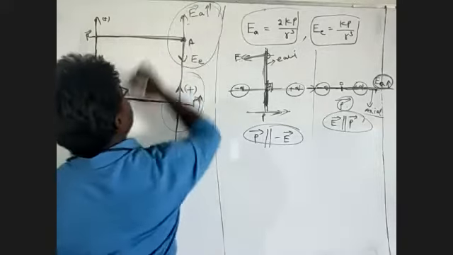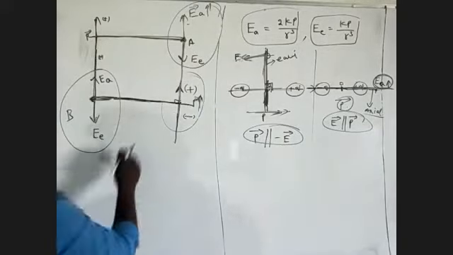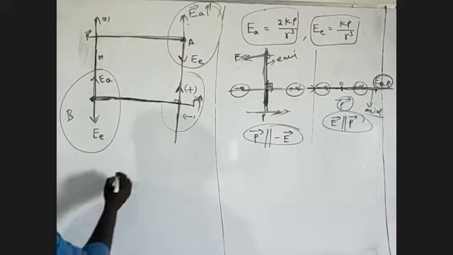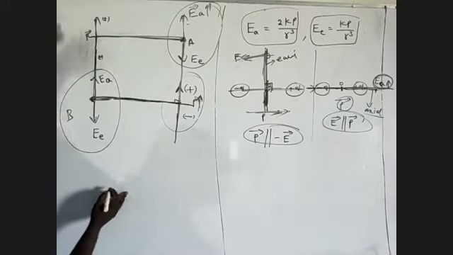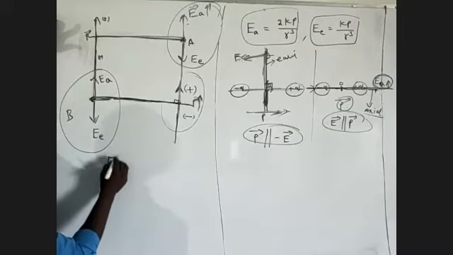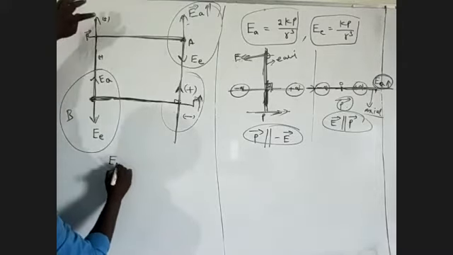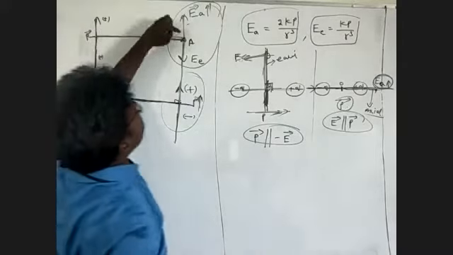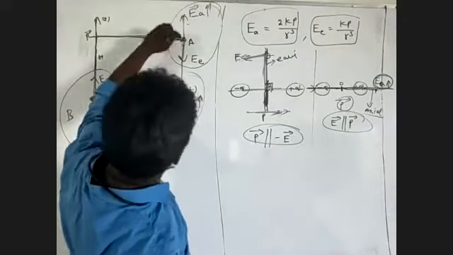Now at point A, the axial field is in the upward direction and the equatorial field is in the downward direction.